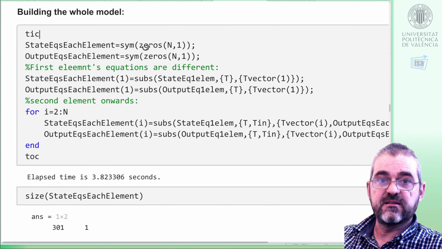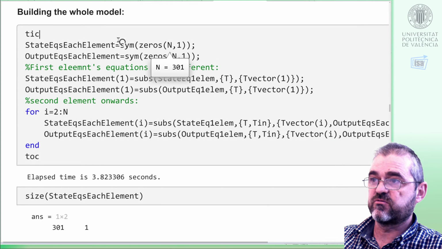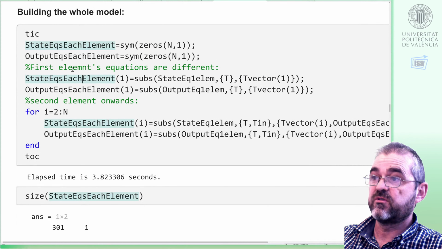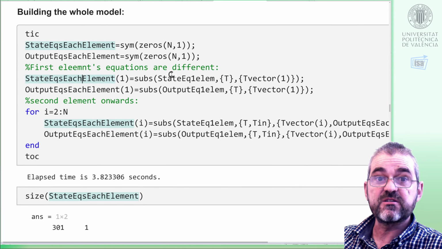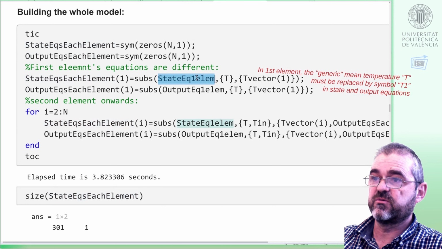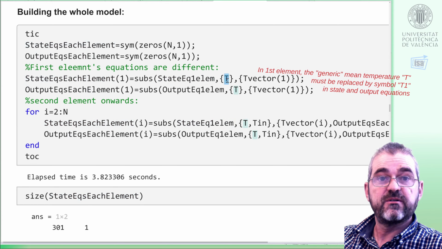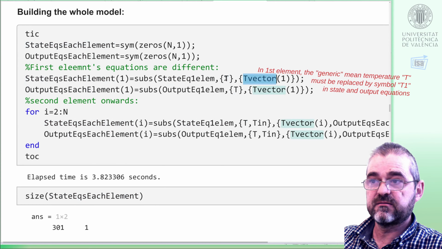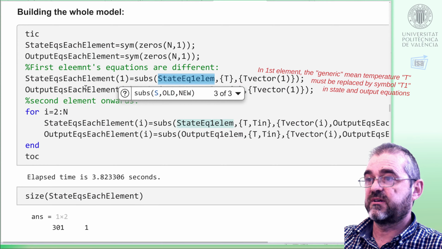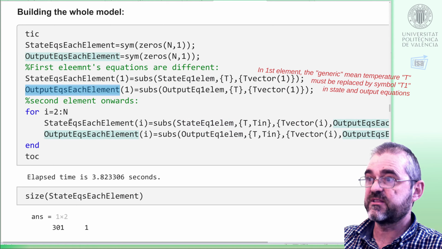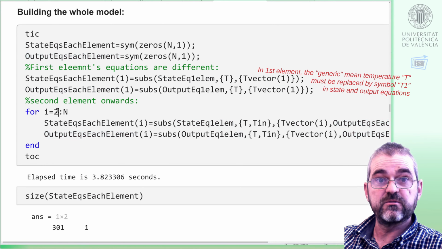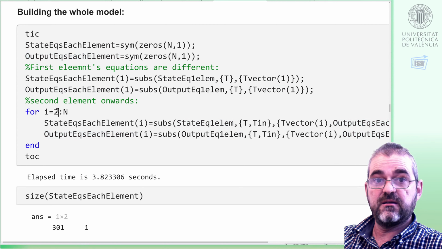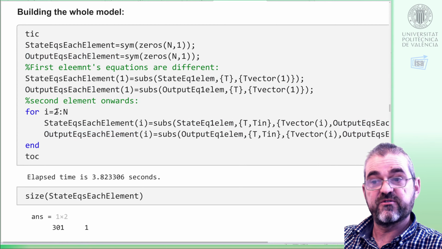We will get N symbolic equations set to 0. And now the first element equations are different because the input to it is the actual inlet temperature. So we only need to replace the dummy variable T by T1 in the state and output equations for the first element, but from second onwards, we need to change input temperature to be the output of the previous element.